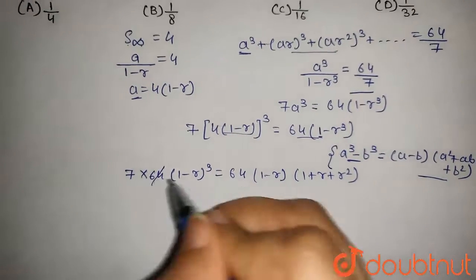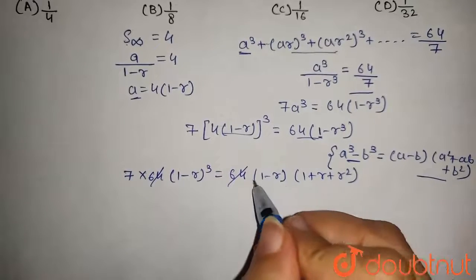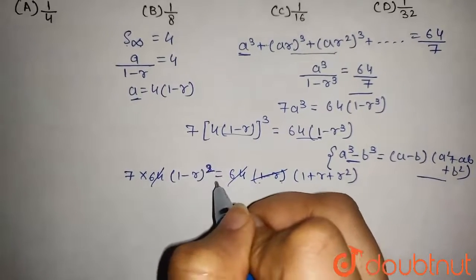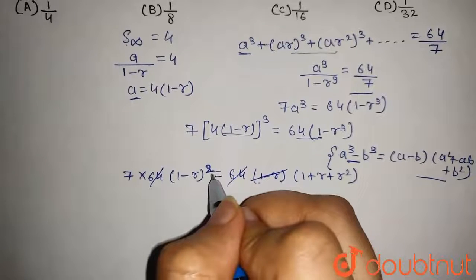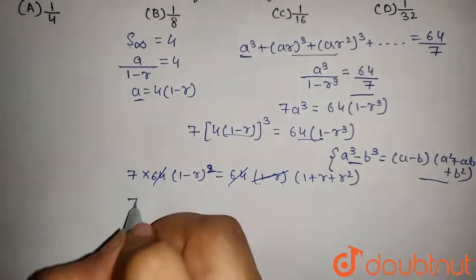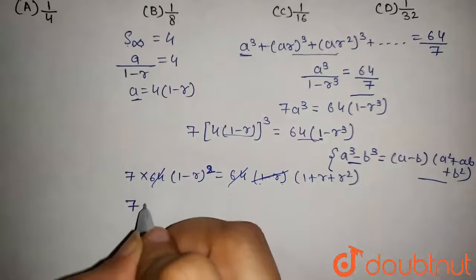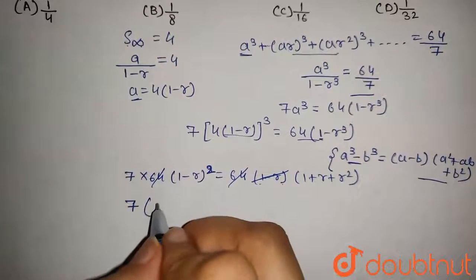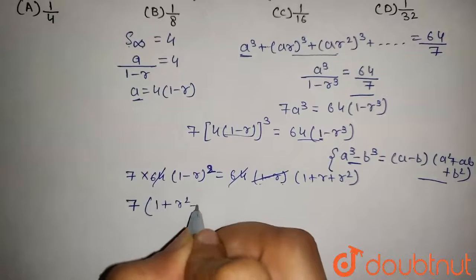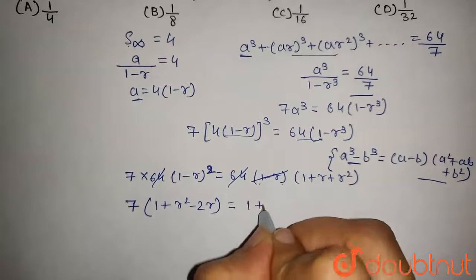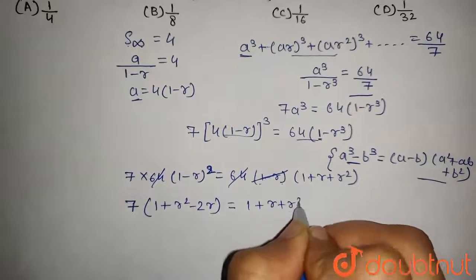Now this 64 and 64 will get cancelled, and 1 minus r will get cancelled, so here it will be (1 minus r) to the whole square. So now on simplifying this, we get 7 into (1 minus r) to the whole square, which is 1 plus r square minus 2r, is equal to 1 plus r plus r square.